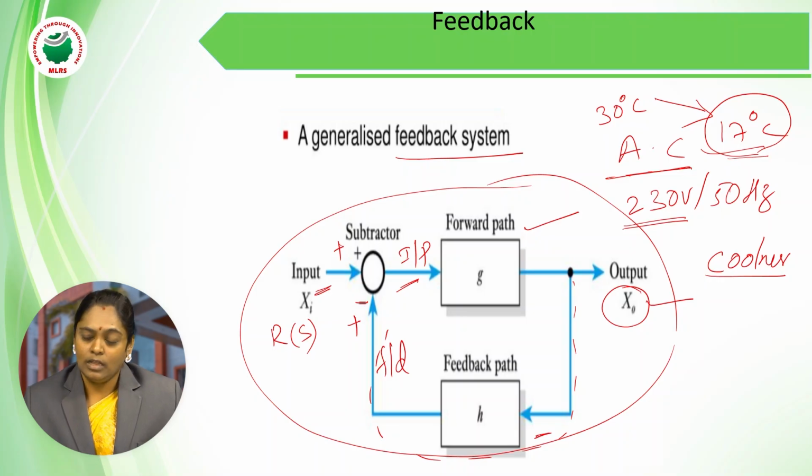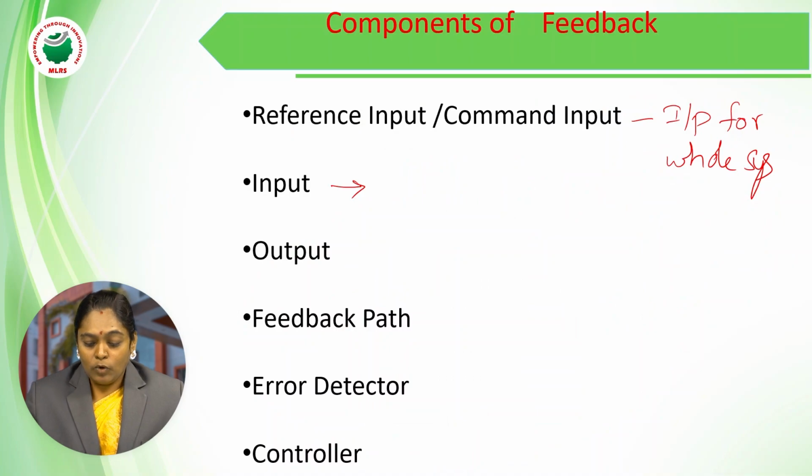So basically the main components of a feedback system are the reference input or command input, input, output, feedback path, error detector, and a controller. These are the basic components.